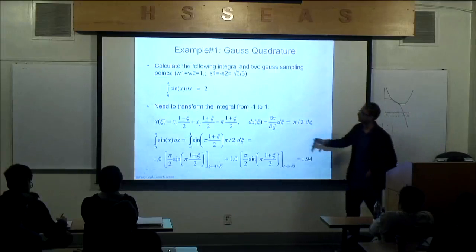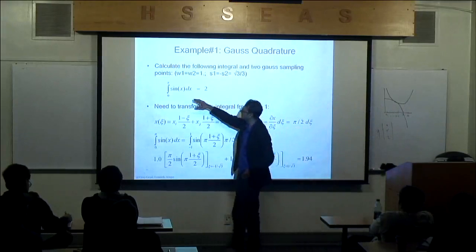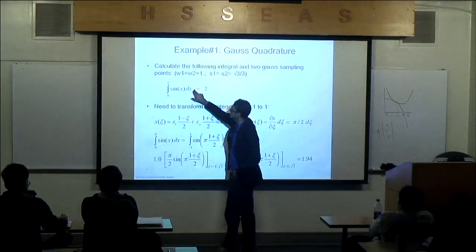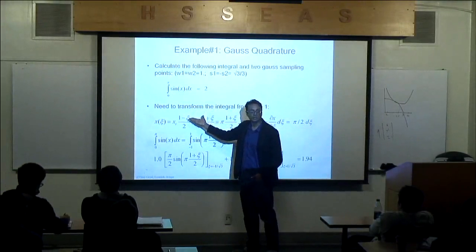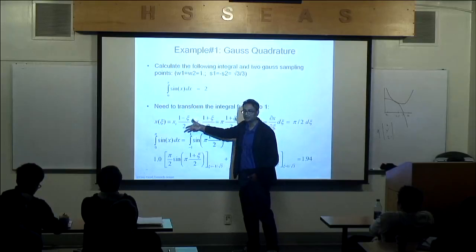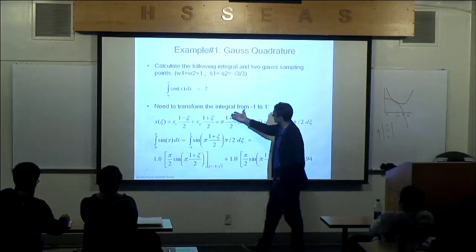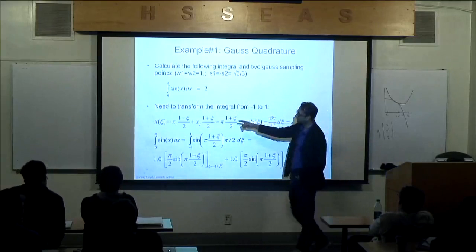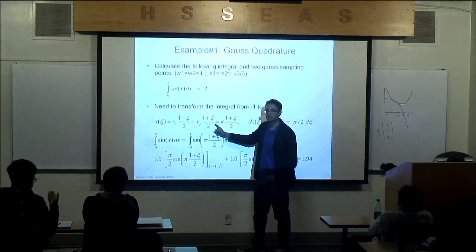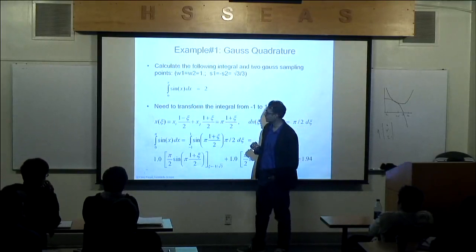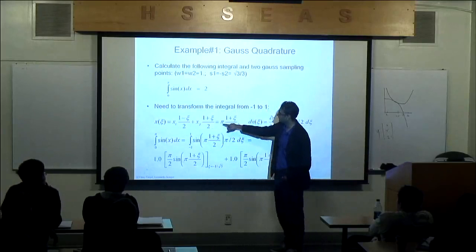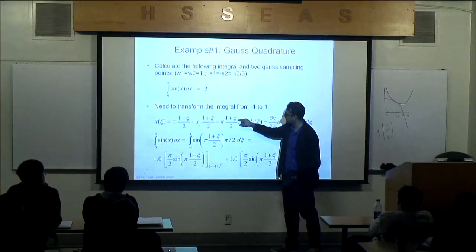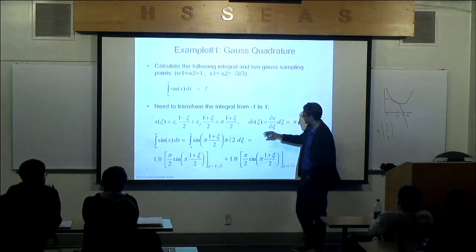Let's do an example. Let's say I want to integrate from 0 to pi sin x dx, which equals 2. Why not use what we learned, right? So we'll transform the integral to go from -1 to 1. You guys already know the shape functions Ni and Nj. xi is 0 and xj is pi, so then x(c) is pi(1 + c)/2.